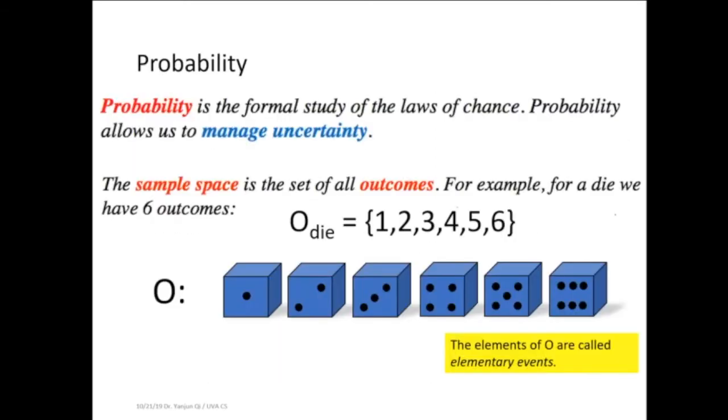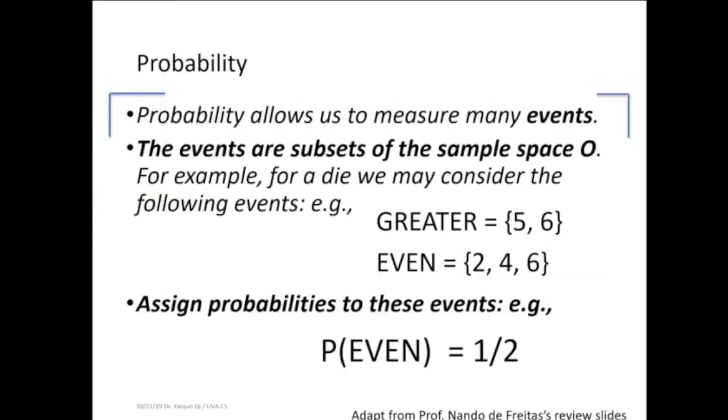And then the event space. The sample space is the set of all the outcomes. For example, when you throw the die, there are 6 outcomes: 1, 2, 3, 4, 5, 6. And the specific element there is called an elementary event. A specific event is a subset of the sample space.